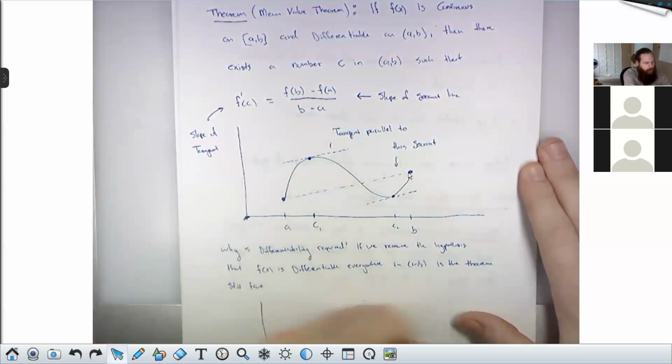Let me see if I can draw a curve that's not smooth everywhere and avoids doing that.